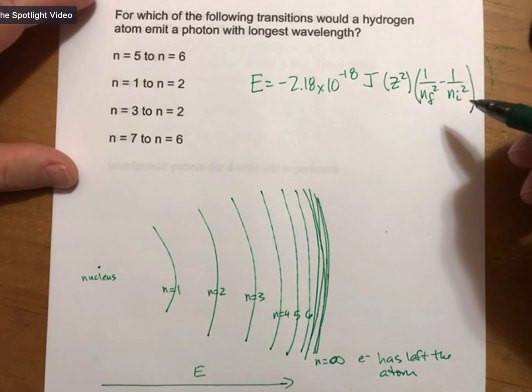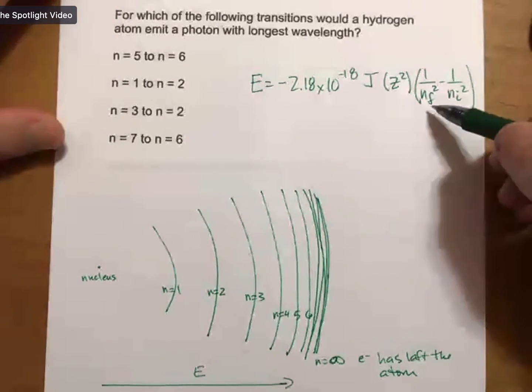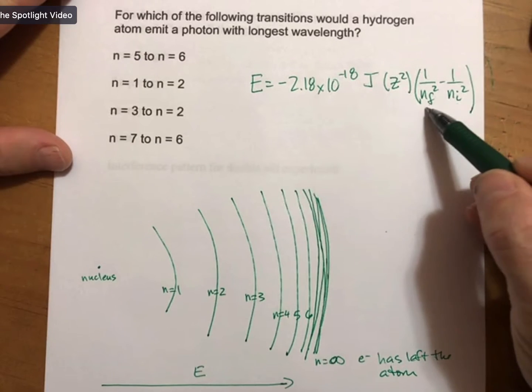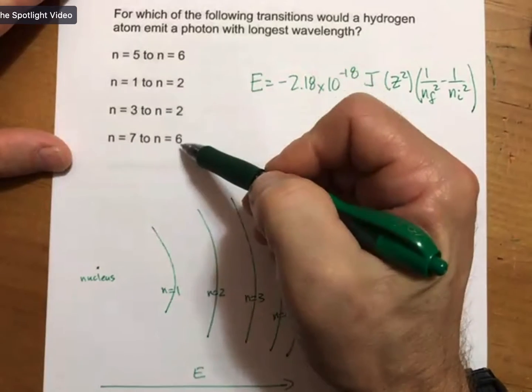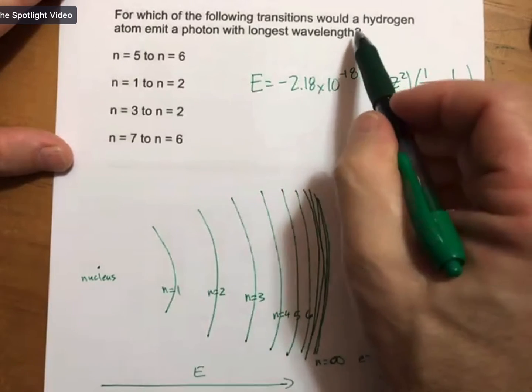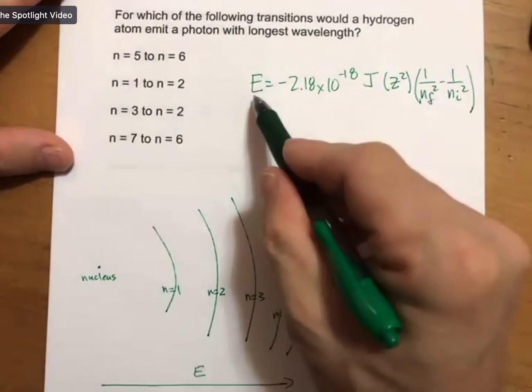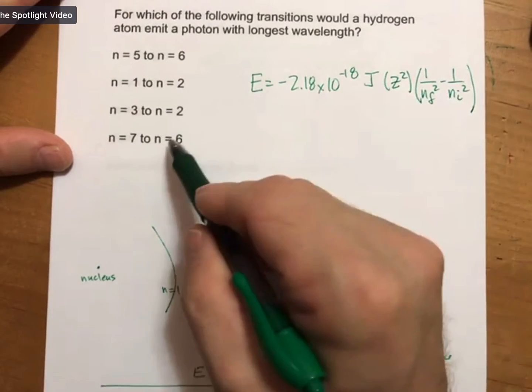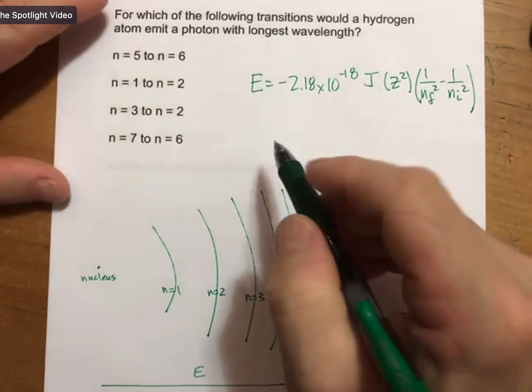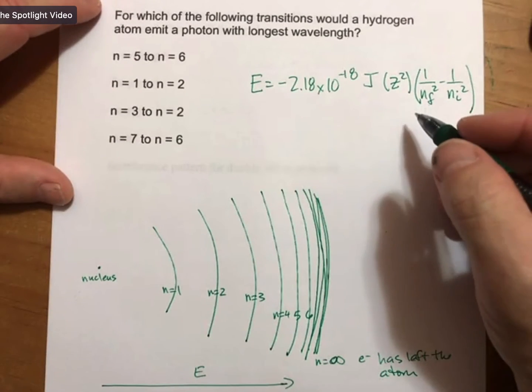Now, for this equation, you can plug in all of these numbers to see what the different energy differences will be between these levels. But what you will find is two things.